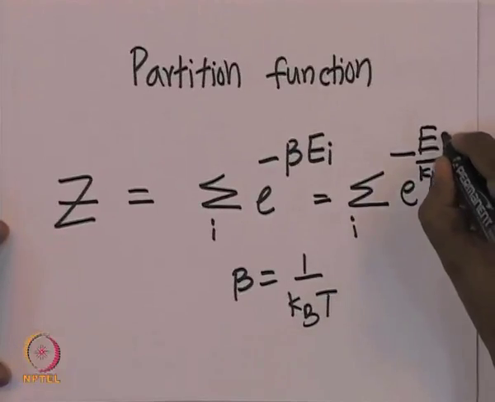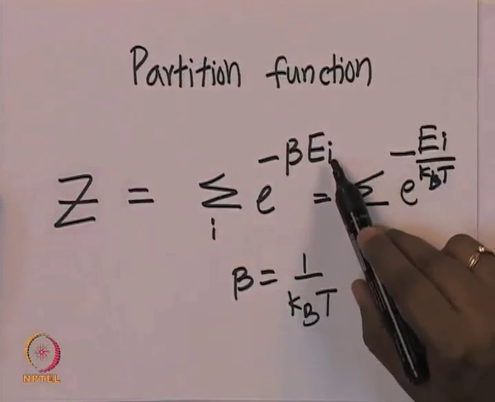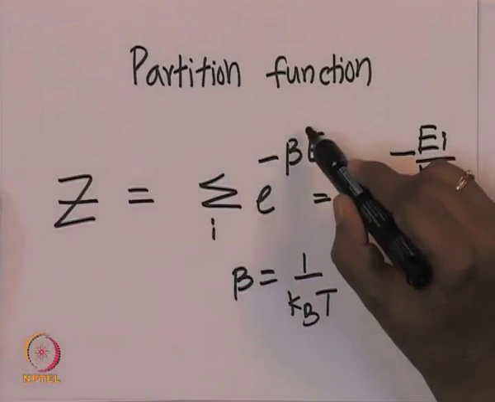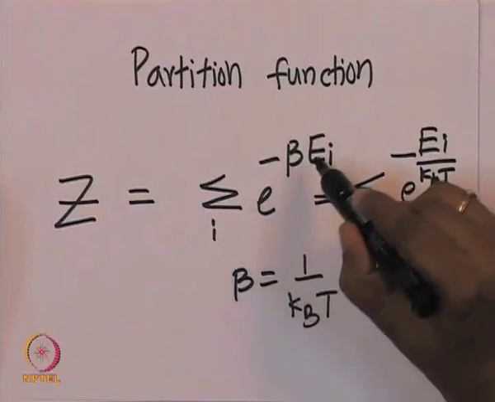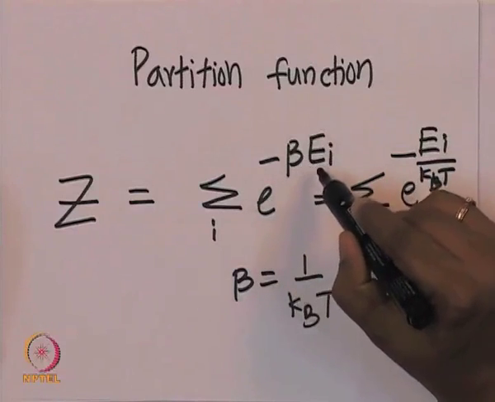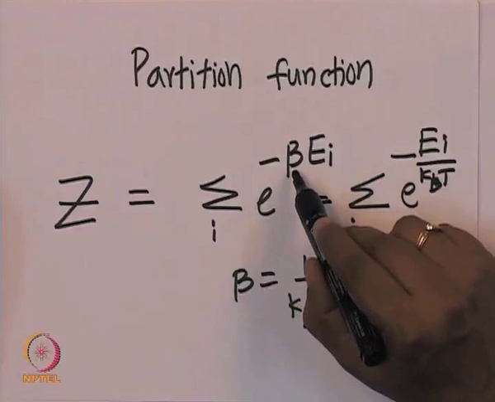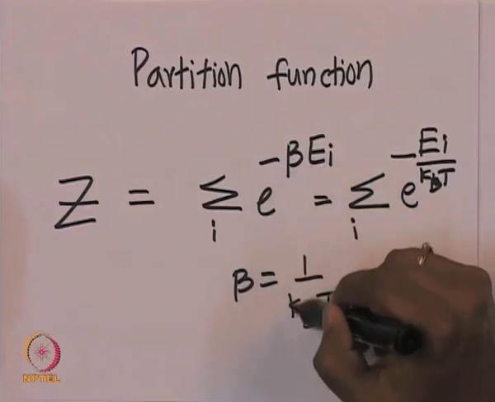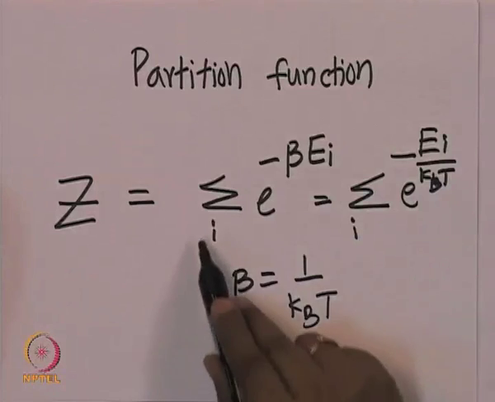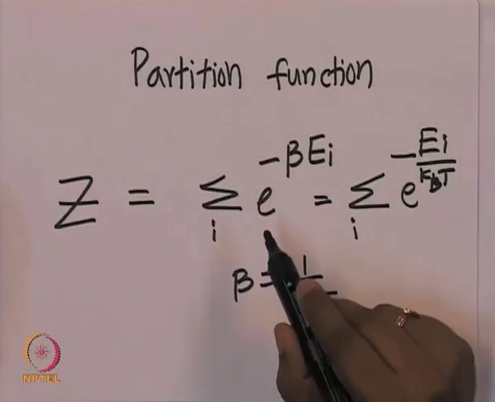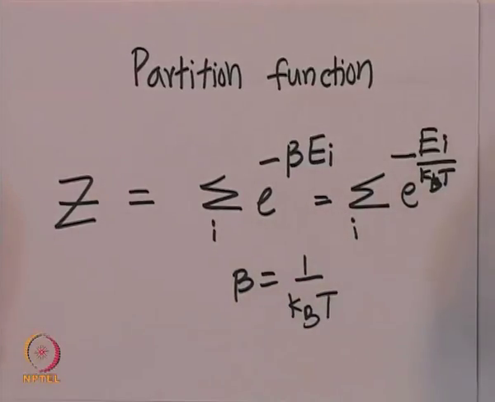Imagine that the system is in state i and the energy of the system in state i is Ei. If you know this energy for every state, you exponentiate it, e to the power minus beta times Ei, where beta is 1 over kBT, kB is the Boltzmann constant and T is temperature, and you do this sum, what you get is this quantity called the partition function.